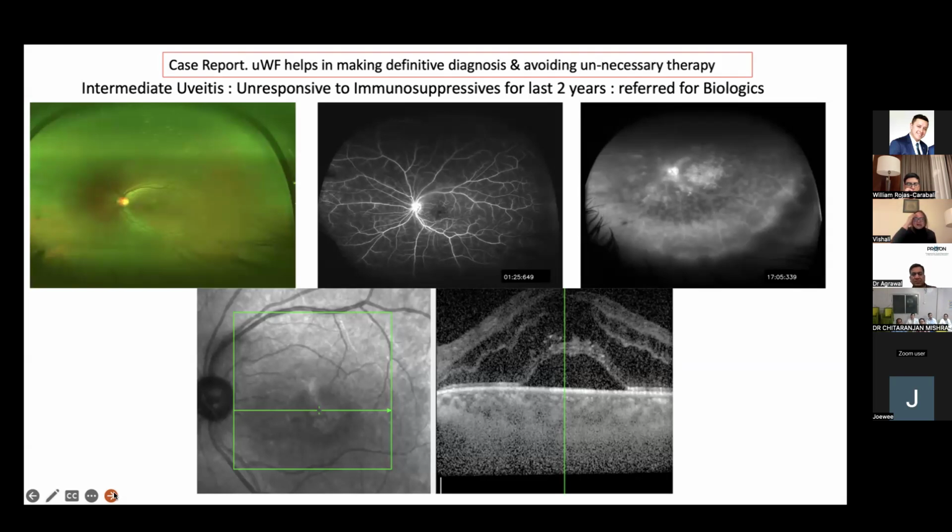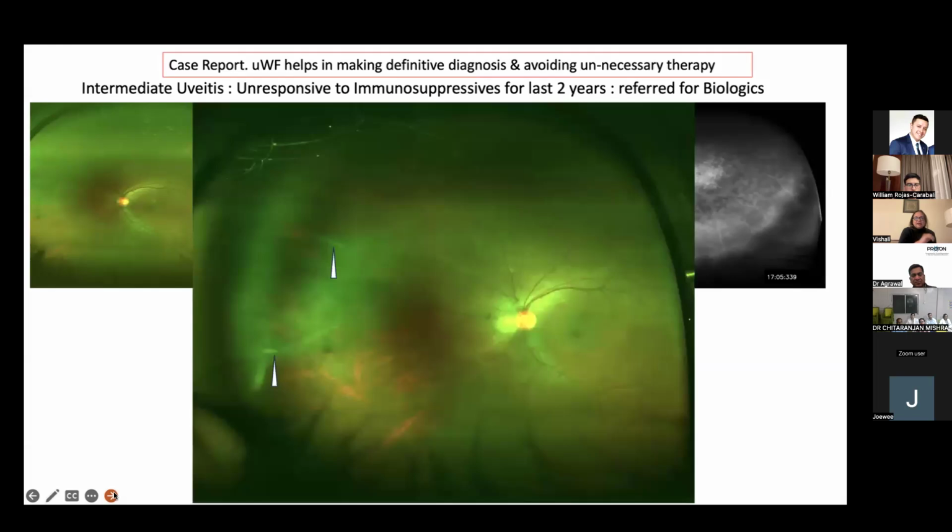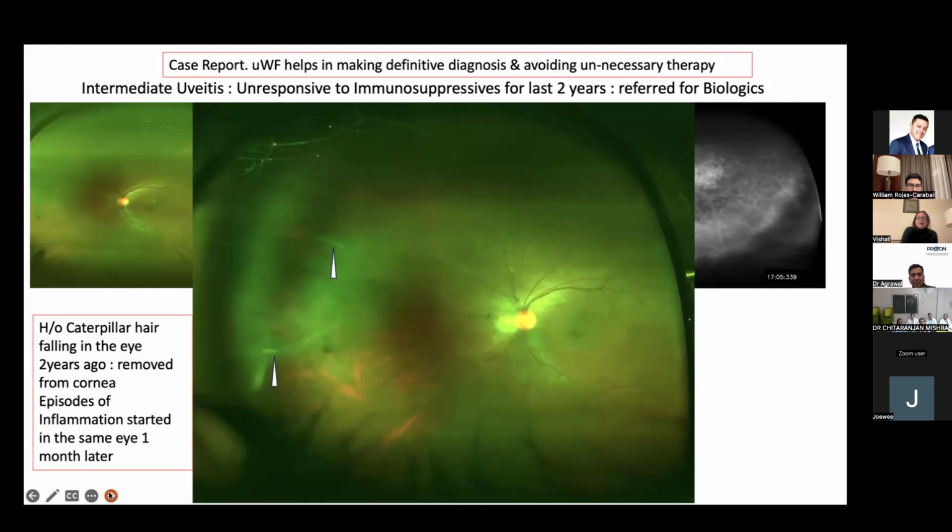So I did the examination and I thought, well, intermediate uveitis. Till the time we saw these setae-like lesions in the nasal periphery, as is indicated by arrowhead. It was actually a case of caterpillar hair falling in the eye. We took the history, patient gave a history that 2 years ago he was on a motorcycle when caterpillar hair went into his eye.